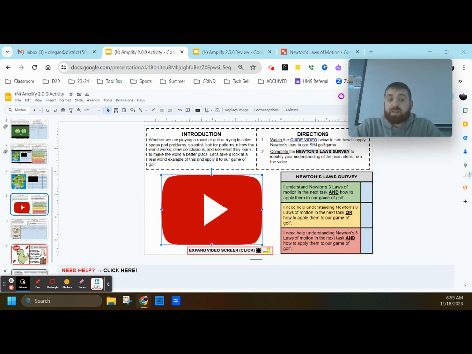But today, we're going to take a step back and look at applying our game of golf to some real world scientific principles. Up to this point, you've spent the vast majority of our unit looking at how force, mass, velocity, and collisions work.